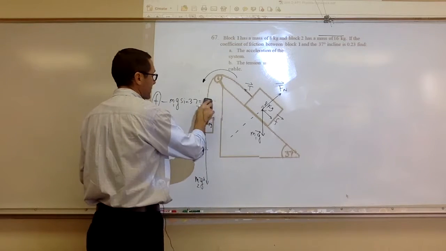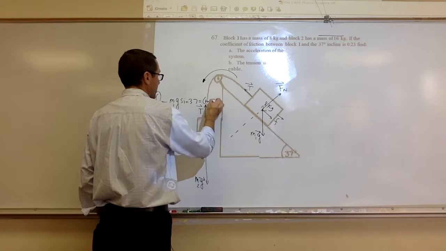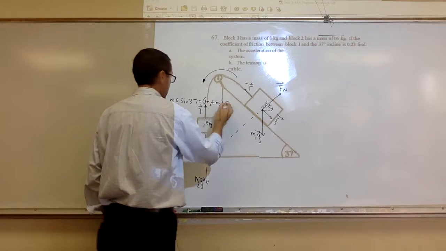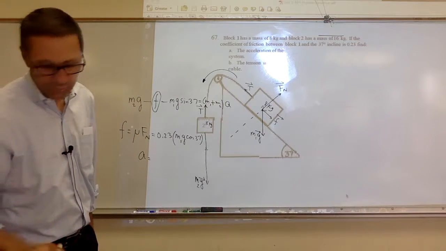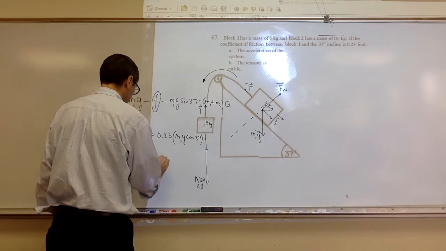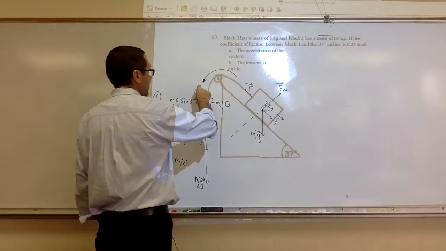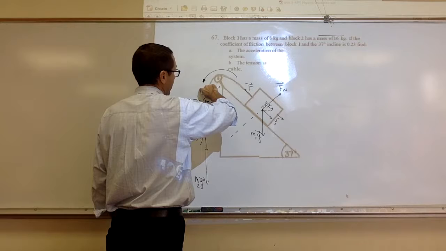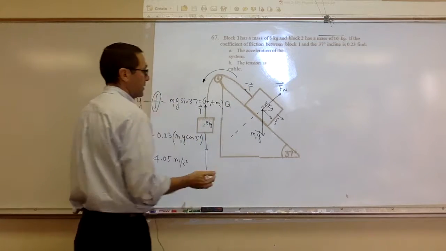And the only difference is that this mass here has to be the combination of the two. Okay? And you should get an acceleration equal to 4.05 meters per second squared.